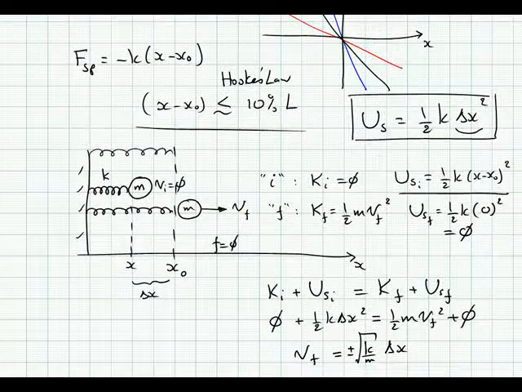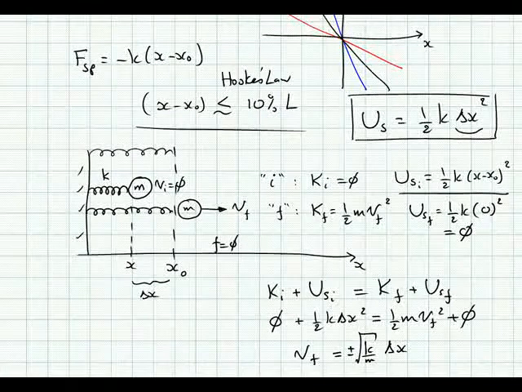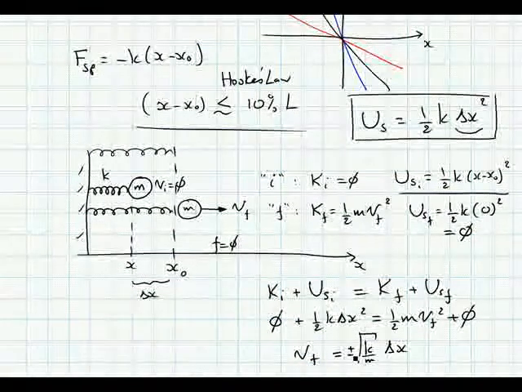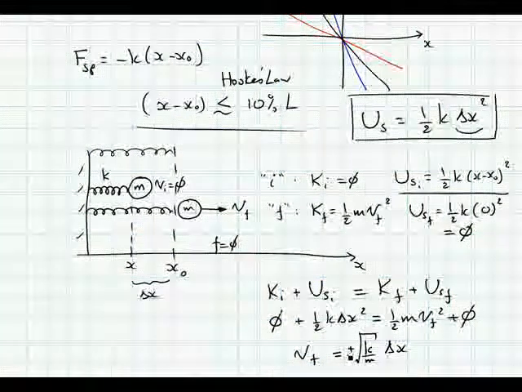Since in this case the spring is compressed, it's the positive root because the velocity is going to be toward the positive x direction.